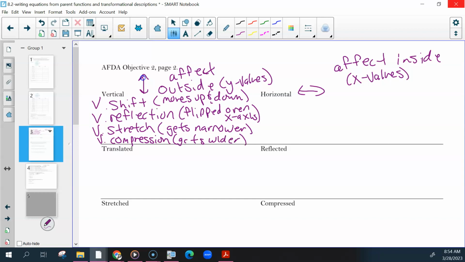So this is really just putting all of that information in one kind of table so we can see what all it does. So then for horizontal, it's basically going to be the opposite of all of those things.